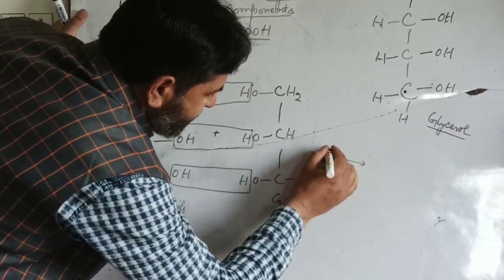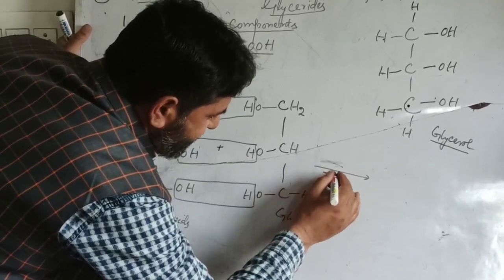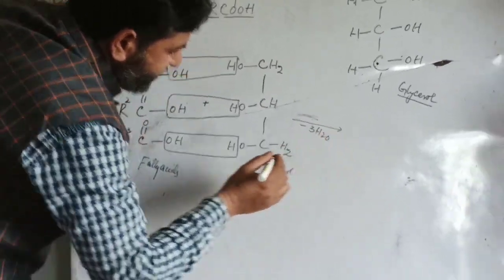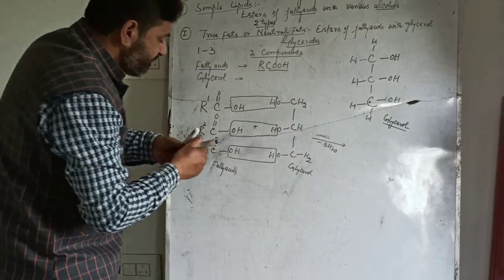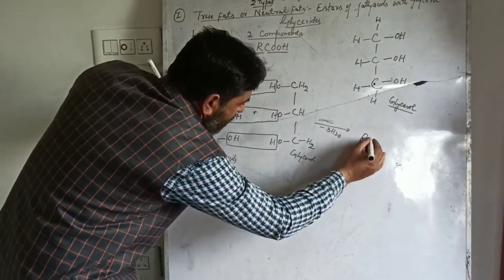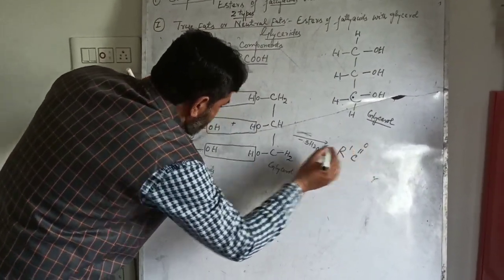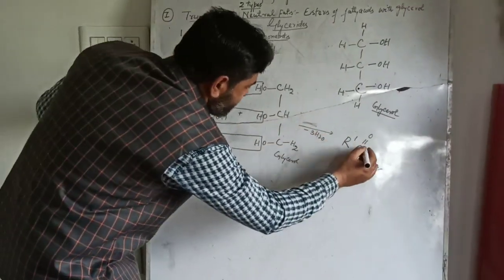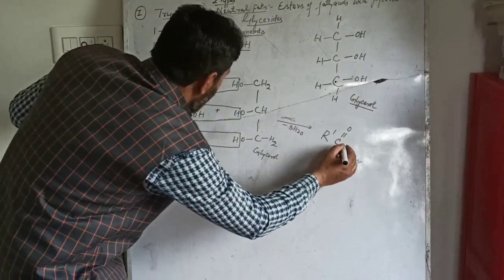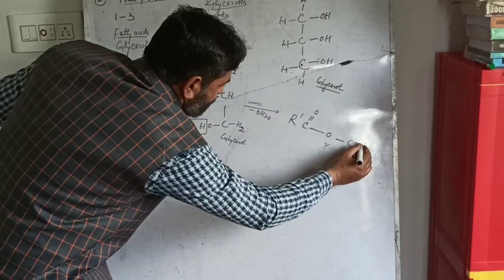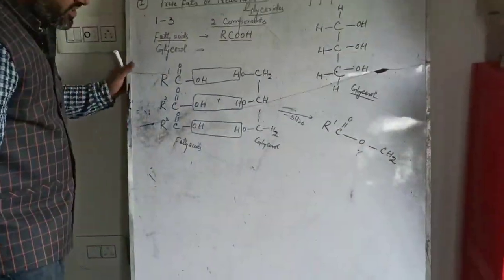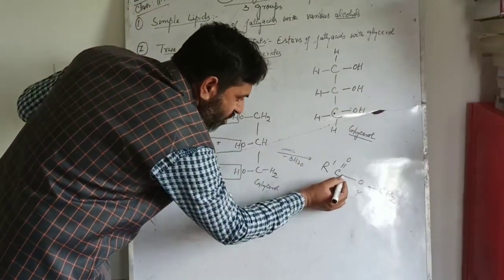Once they are eliminated, the remaining structure is R1CO, then there is the O-CH2 bond. This bond is known as an ester bond.